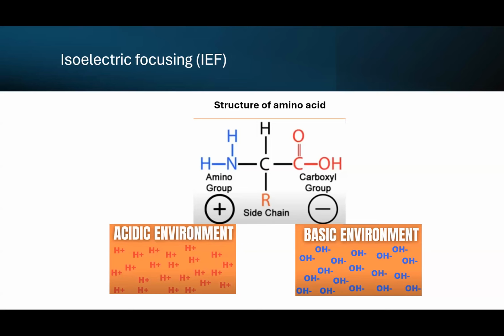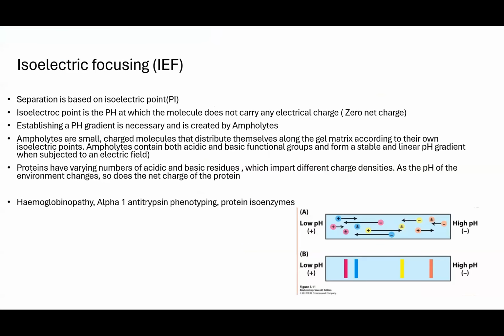Based on that, we can talk about isoelectric focusing, because the separation in isoelectric focusing is based on the isoelectric point. What is the isoelectric point? It's the pH at which the molecule does not have any electrical charge.